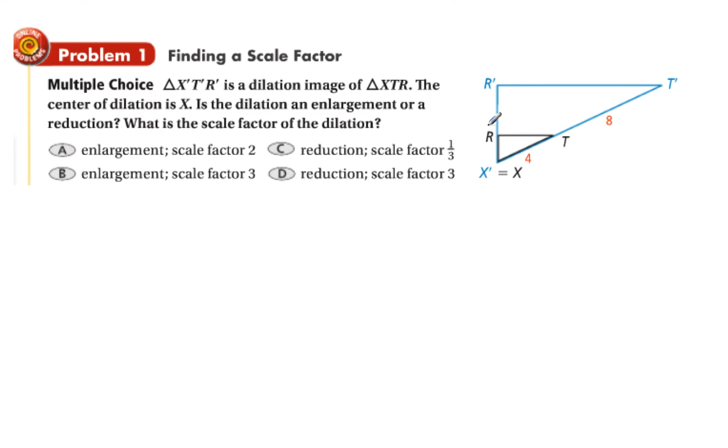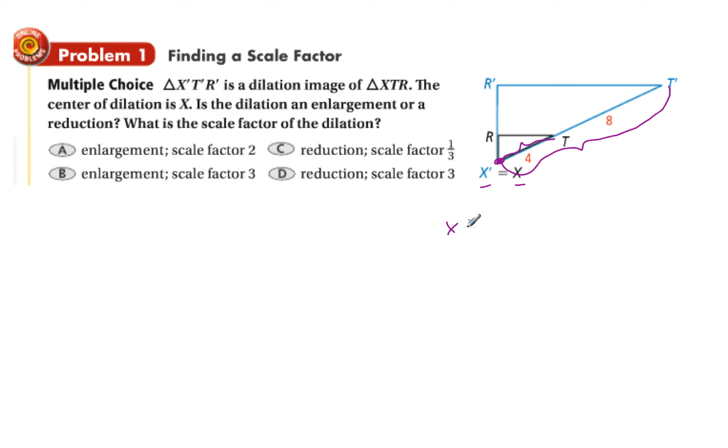So I'm going from xt, which is, let's do this in a different color, this right over here, to x prime, t prime, which is this guy right over here. I'm going from 4 to, well, that's the question. From 4 to what? Here's something to keep in mind. This is my center of dilation, which is this point over here, which is both x and x prime.